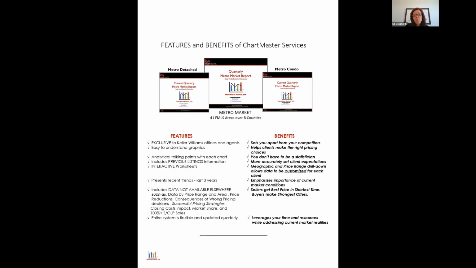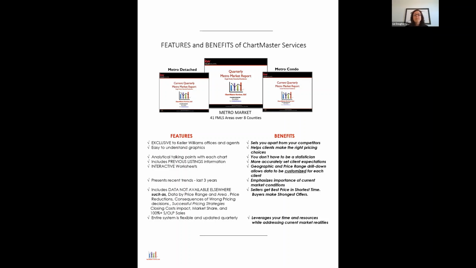The whole key to them is to make them visually easy to look at and give insight into the market using FMLS data. The biggest thing that stands out about them is that previous listing periods are taken into account. When you pull stats on FMLS or from other sources, you're only getting information from the most recent listing period for a home.